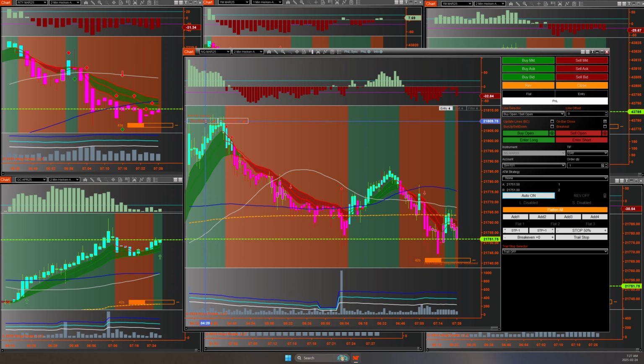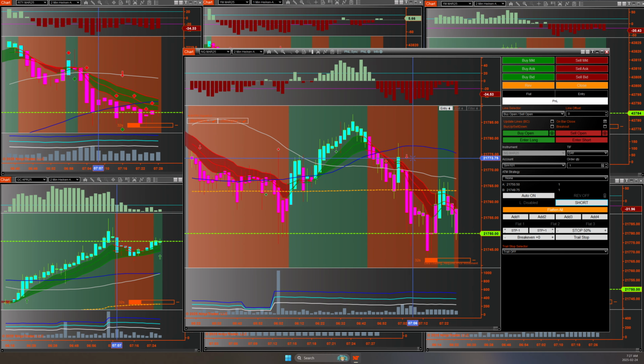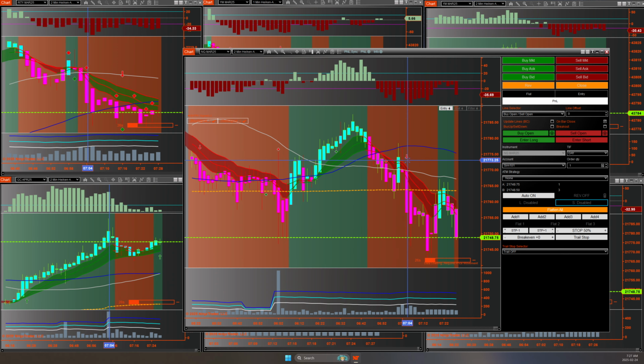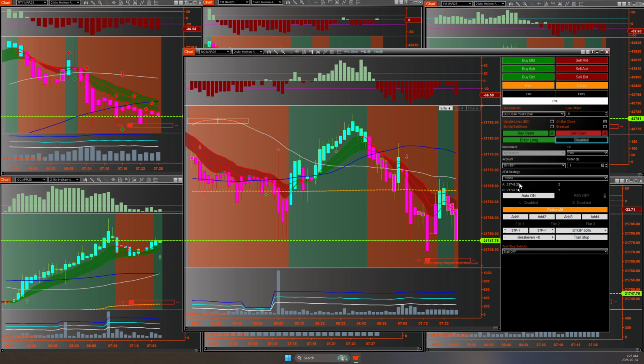Which means it detects my signals on the chart, and if I hit short right now, it's going to wait until a signal pops up, my down signal, and if it does, it's going to enter right away. I've also got manual options. If I see the signal here and I want to wait till the next bar opens, I can hit enter short on bar close. So as soon as this bar closes, boom, it's going to get me in short with a strategy.